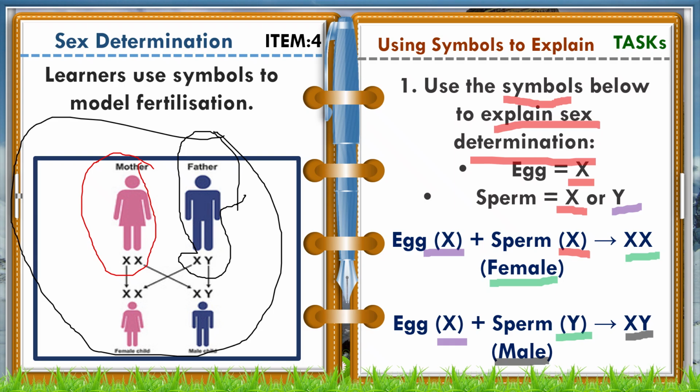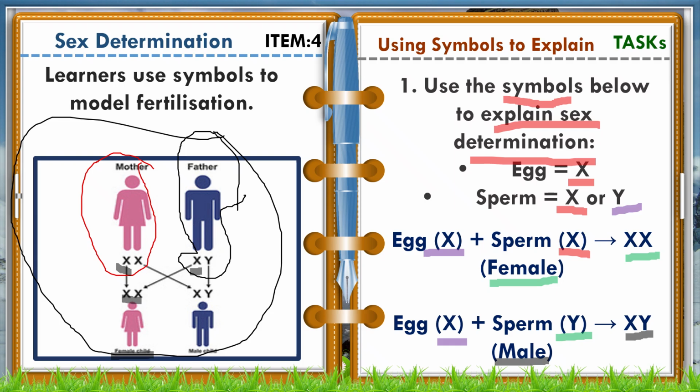So here, the egg X and the sperm X, they will give us a combination of XX. And this one is going to be a girl child.